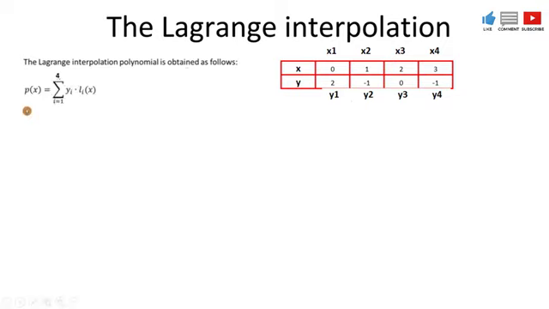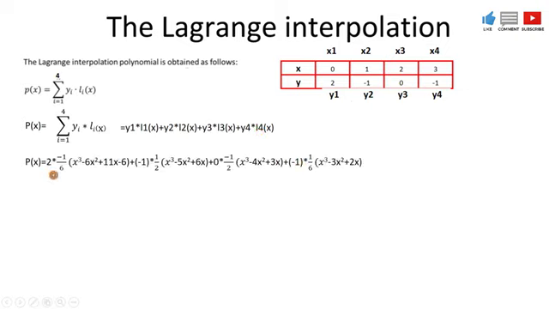That is the rule for the polynomial function, with i equal to 1 and n equal to 4. So we have to sum up all the multiplications, which is equal to y1 multiplied by L1 plus y2 multiplied by L2 plus y3 multiplied by L3 plus y4 multiplied by L4.